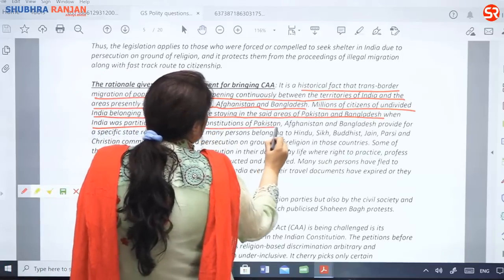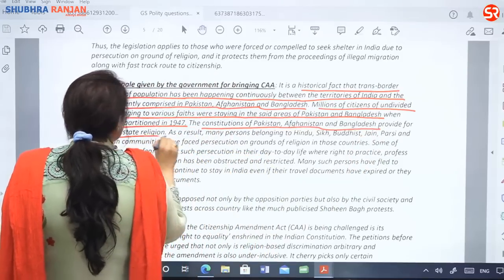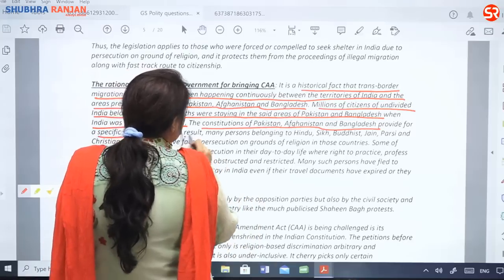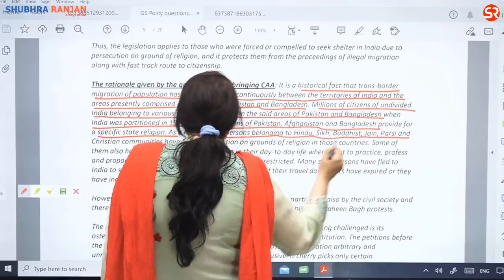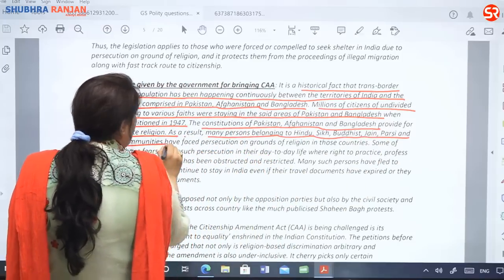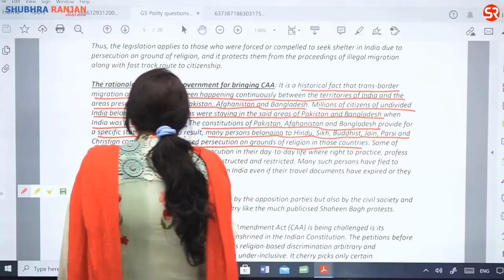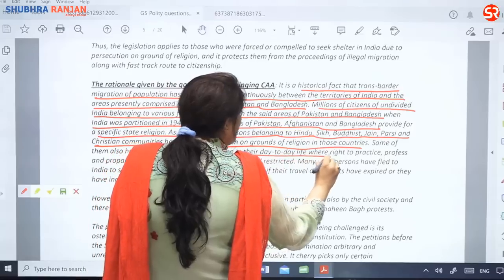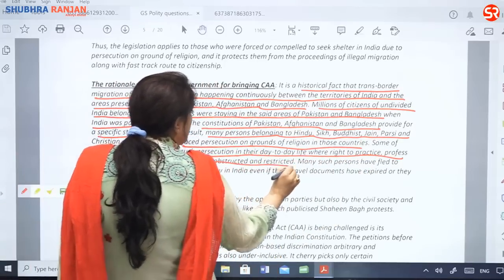The constitutions of Pakistan, Afghanistan and Bangladesh provide for a specific state religion. This is taken from the bill itself. As a result, many persons belonging to Hindu, Sikh, Buddhist, Jain, Parsi and Christian communities have faced persecution on the ground of religion. Some of them also have fears about such persecution in their day-to-day life, where the right to practice, profess and propagate religion has been obstructed.